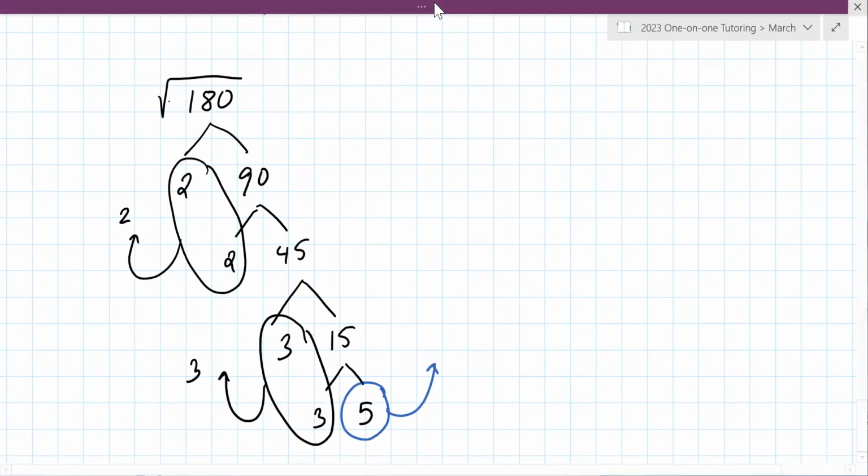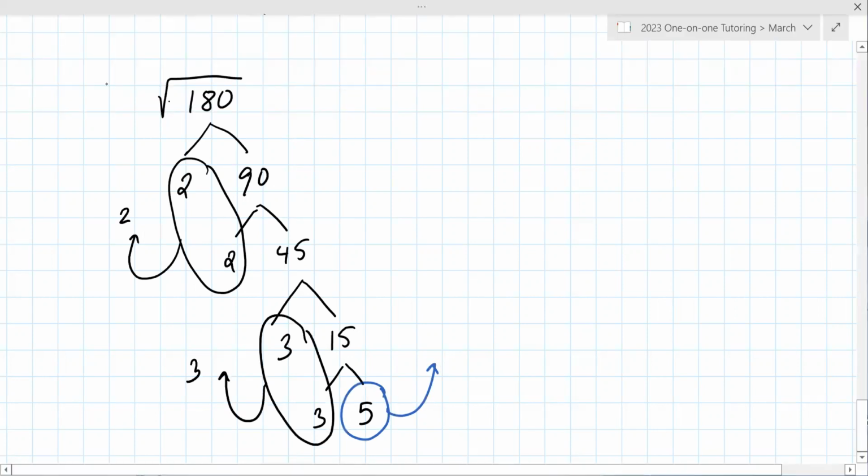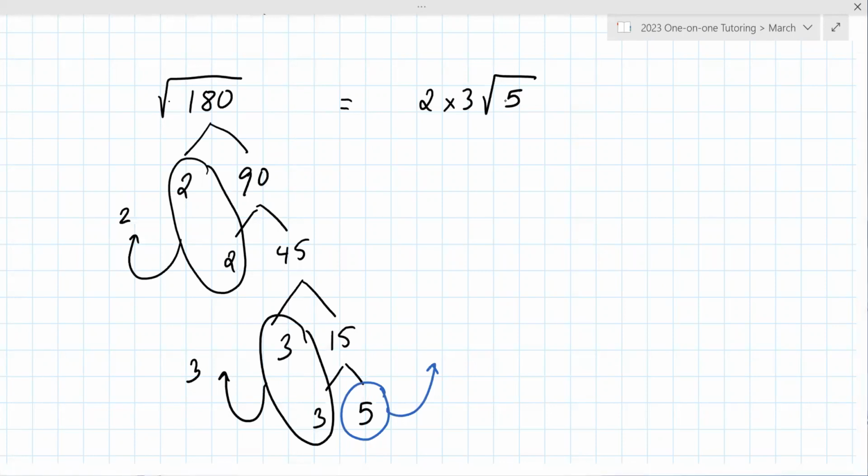You put it in the square root. Yes. So on the outside, it's 2 times 3. You always multiply whether it's inside or outside. Square root of 5. Okay. 6 square root of 5.